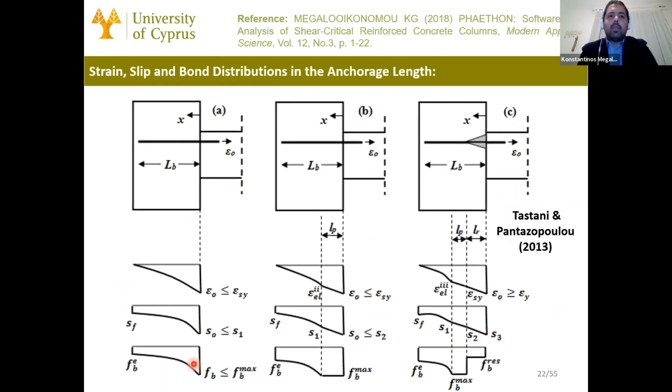This is the solution for the anchorage in the footing, incorporated in this fiber model, and where it gives strain, slip, and bond distributions and the slip at the critical section of the column.